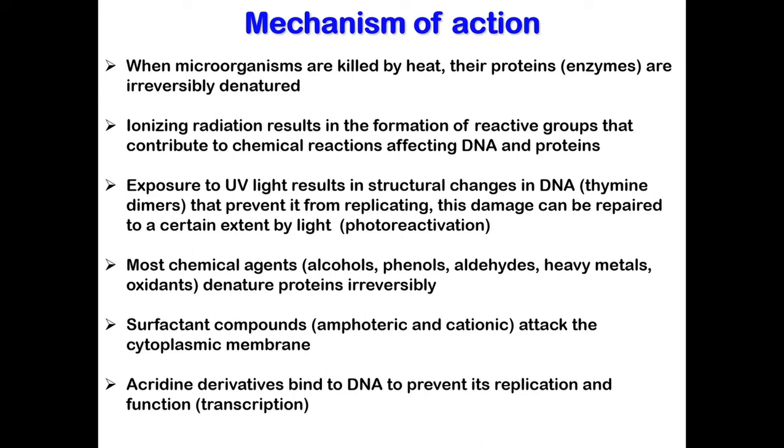And these agents have different methods by which they kill microbes. So when microorganisms are killed by heat, their proteins, their enzymes are irreversibly denatured. Whereas ionizing radiation results in the formation of reactive groups, and these react with DNA and affect proteins.